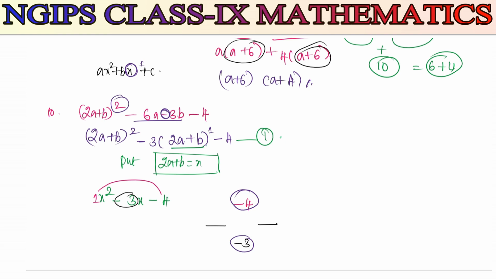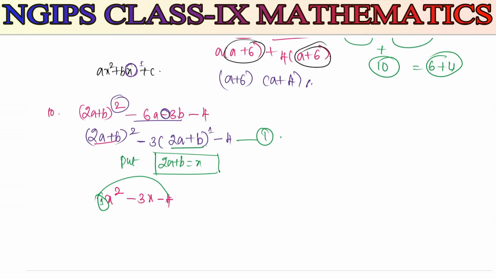Now when we substitute here, we get x square minus 3 into (2a plus b), where x is minus 4. I can replace it as x square minus 3x minus 4. Now I have to take the coefficient of x square and multiply with the constant term.